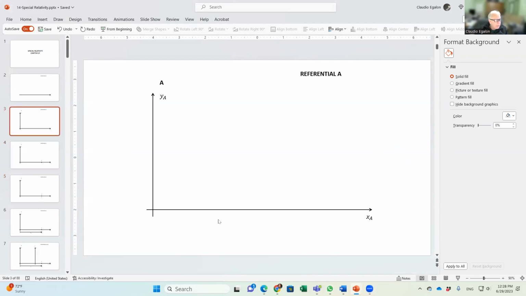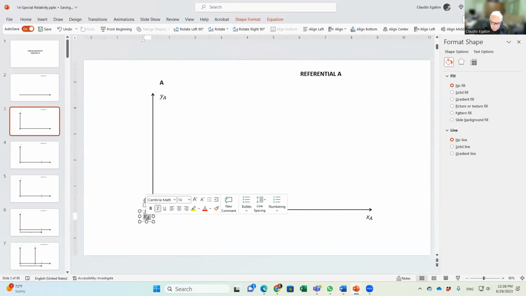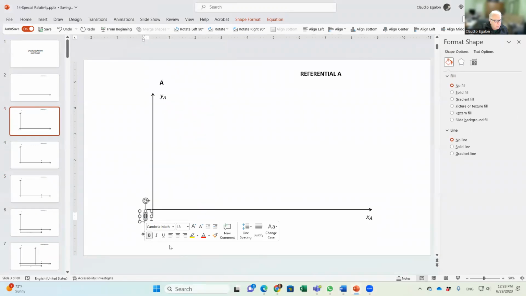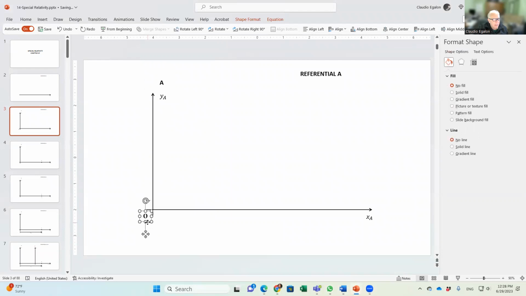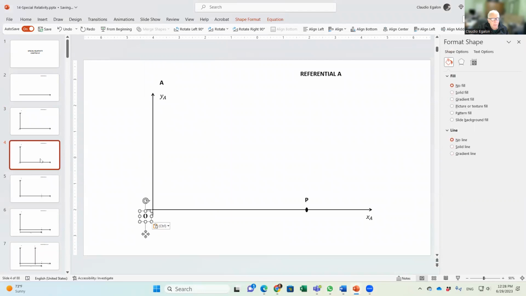Let's not forget too that we must have also the origin of my coordinate axis. I'm going to put it as O, and I don't want that to be italicized. Okay, origin of A. And that's going to go on every other slide that comes about, okay?